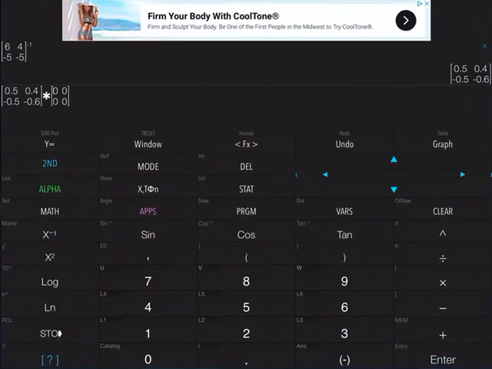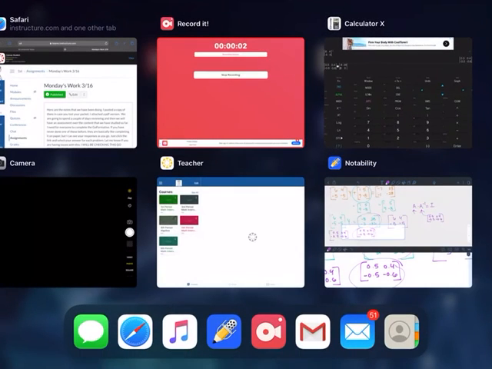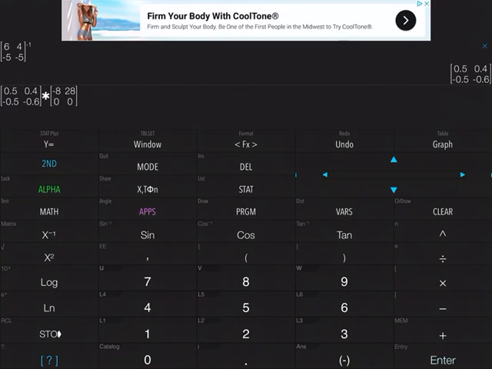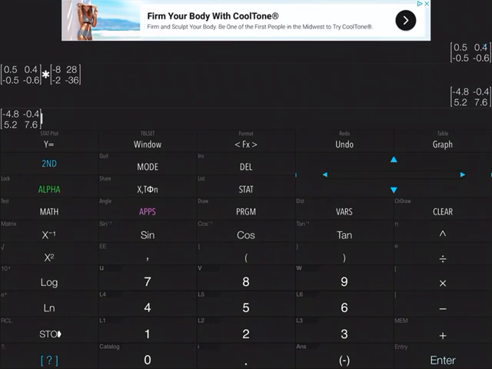What did I say? -8, 28, -2, and -36. And then I get this lovely guy right here. So that is what my y is going to equal. It's going to equal this matrix right there.